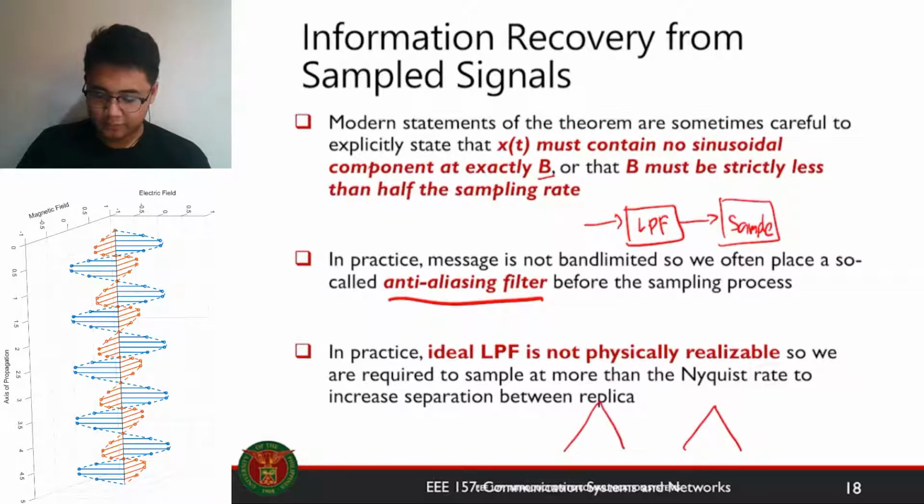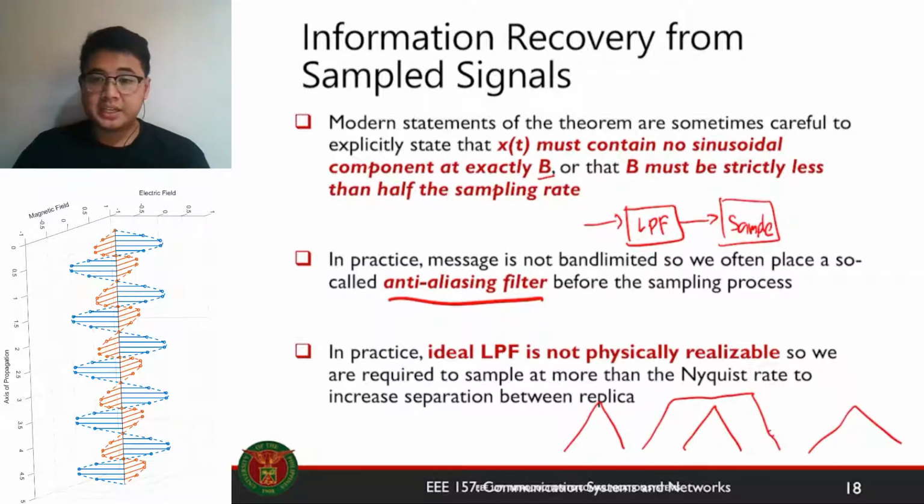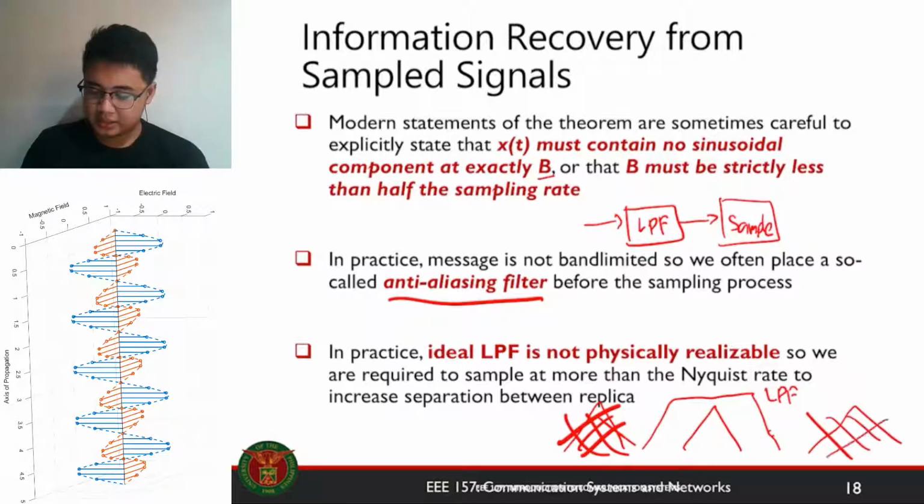If we increase the separation, we can use a physically realizable LPF that will reject the high-frequency components and maintain the original message right here. And you will encounter this when you simulate the sampling process.